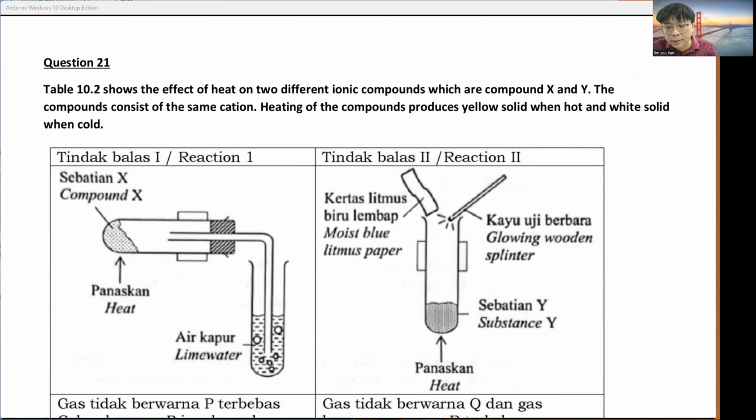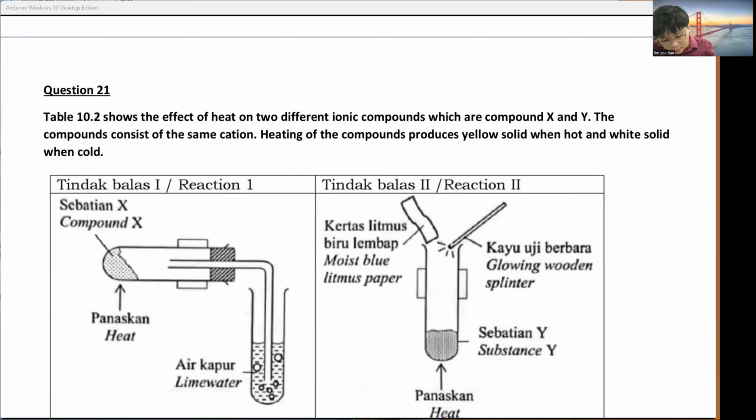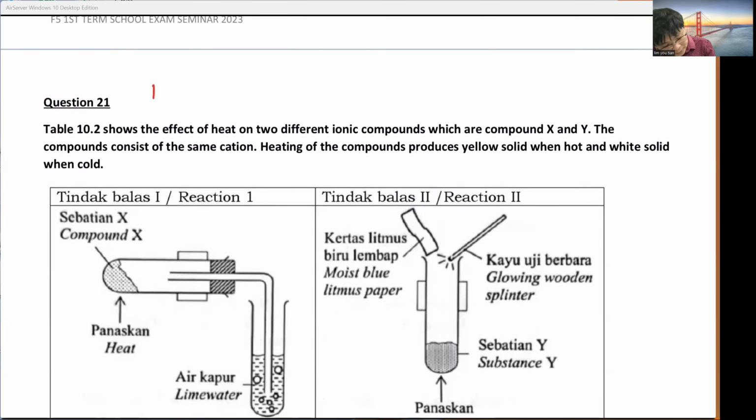So this is the one that you need to go through. First one, page 38, we will try. We practice the question here. So the clue they give you in heating is always color. Okay. Do you still remember who this is or not? After you heat, it produces a product that is yellow when hot, white when cold. Do you still remember who this is?